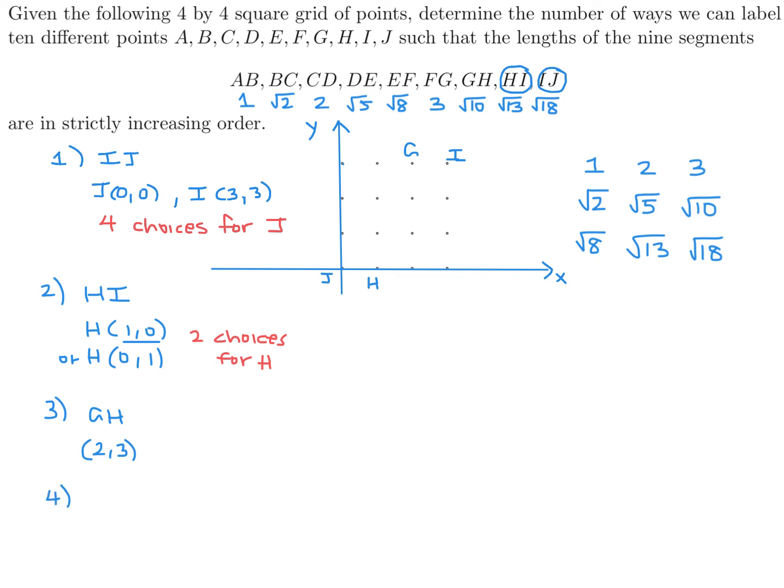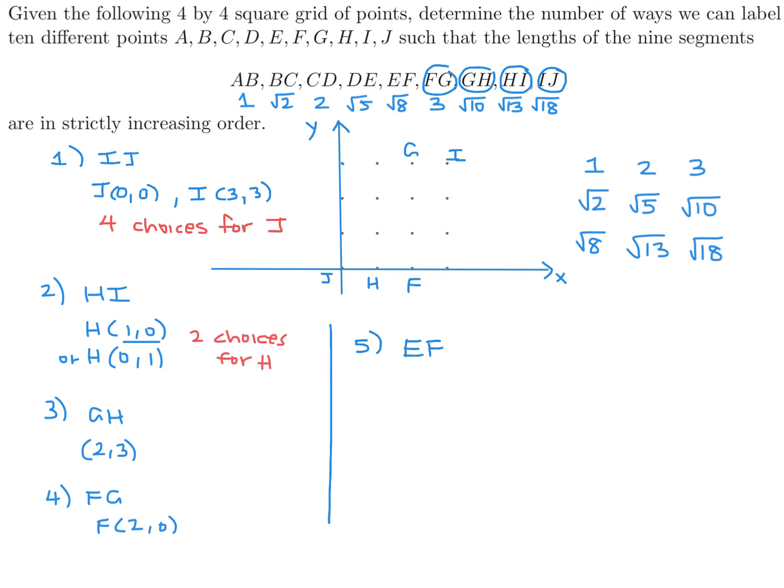4, which is the next one. We did GH, so that's FG, and FG is 3. So it's got to be basically here, because that's just 3 spots, and that's the only place it can go. So F has the coordinates 2, 0. Moving right along, the next one is EF, and that is equal to root 8.